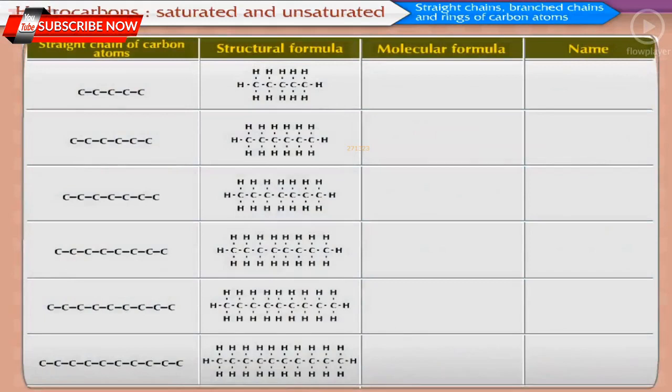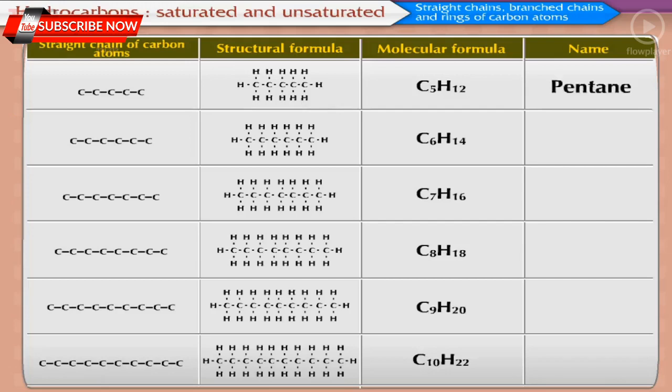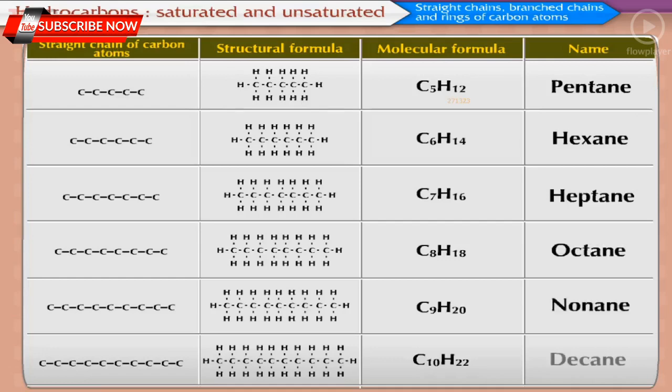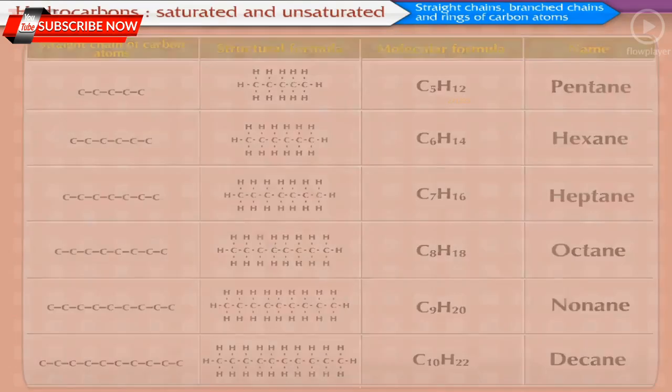From these structural formulae, C5H12, C6H14, C7H16, C8H18, C9H20, and C10H22 molecular formulae are sequentially obtained with names pentane, hexane, heptane, octane, nonane, and decane respectively.